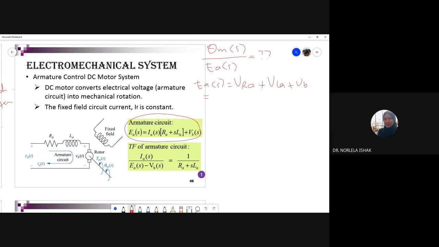So this is VRA, equal to the impedance. What is the impedance for the resistor? R multiplied with the current, plus the impedance for the inductor, LS, multiplied with the armature current, plus the VBS.